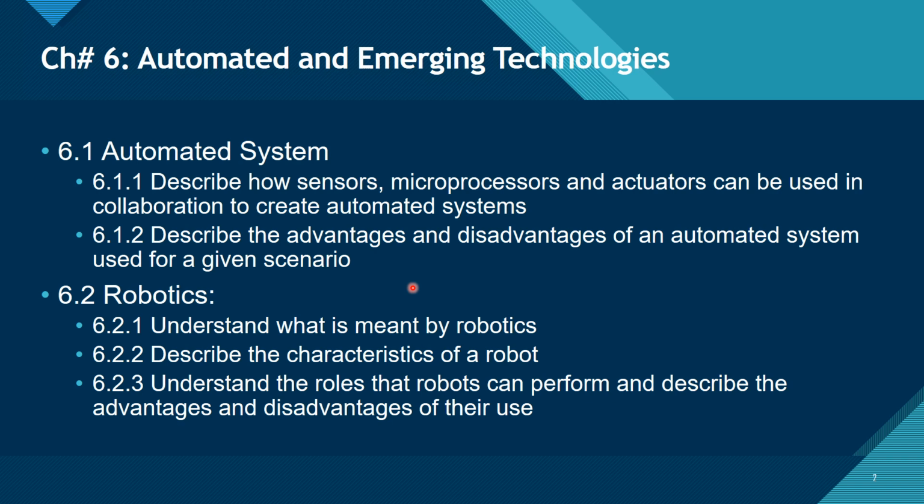Section 1 describes how sensors, microprocessors and actuators can be used in collaboration to create an automated system, and then the advantages and disadvantages of an automated system used for a given scenario. A scenario will be given, and you have to give us the advantages and disadvantages of the automated system. And then in the second section, 6.2, we will be discussing robotics.